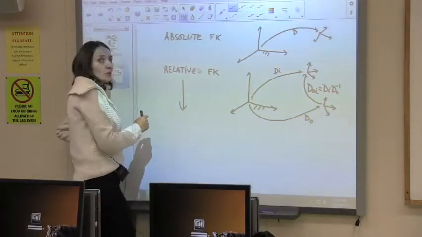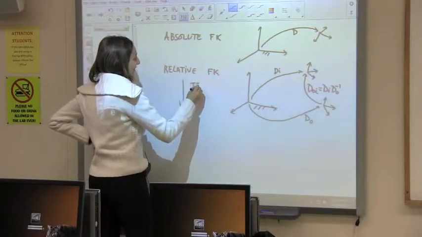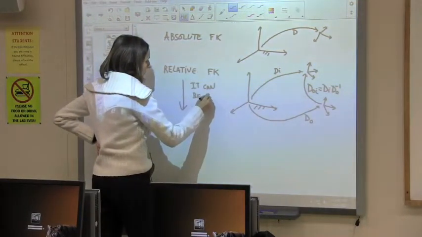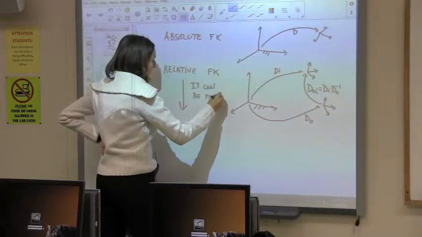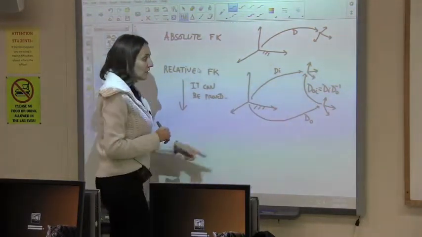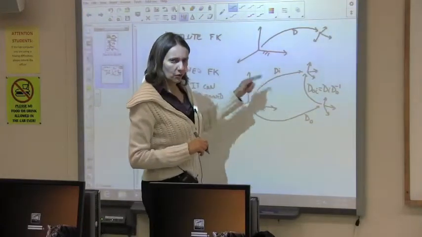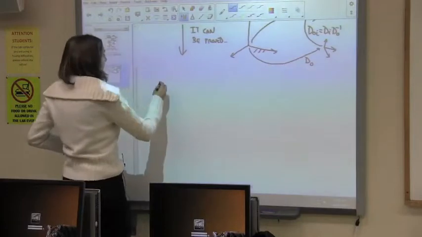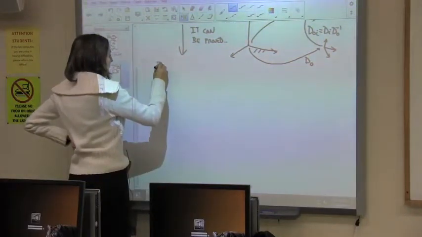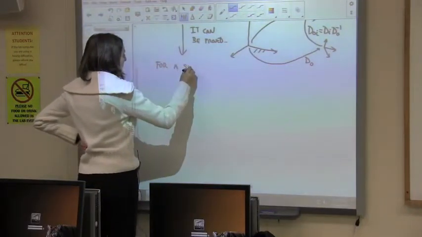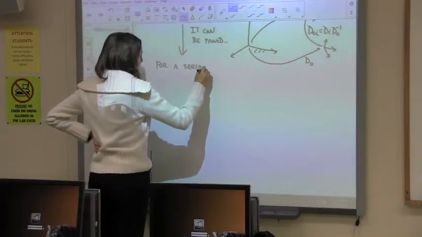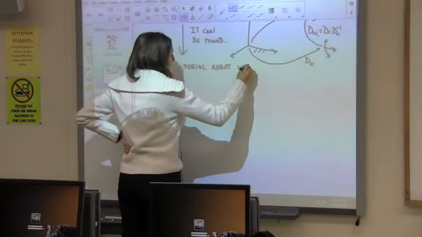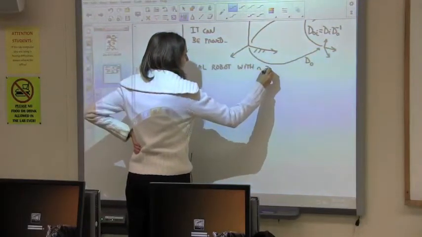It can be proved, and it's in the notes, that if we use this, you don't need to be going through the chain and knowing all the angles between the chain, for a serial robot with n joints.